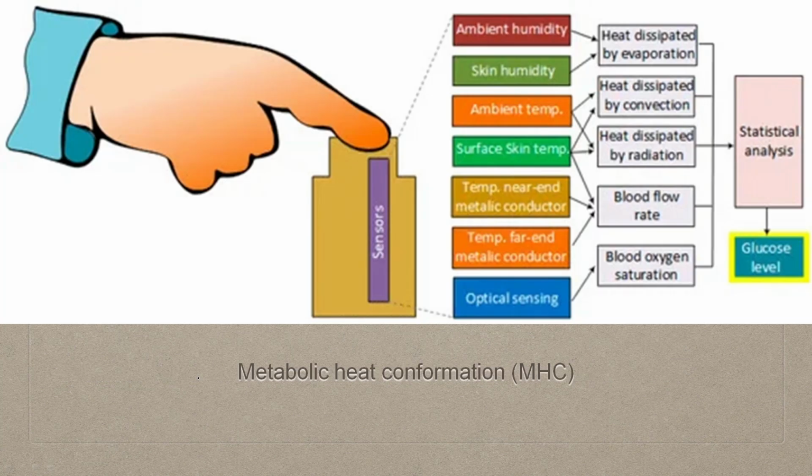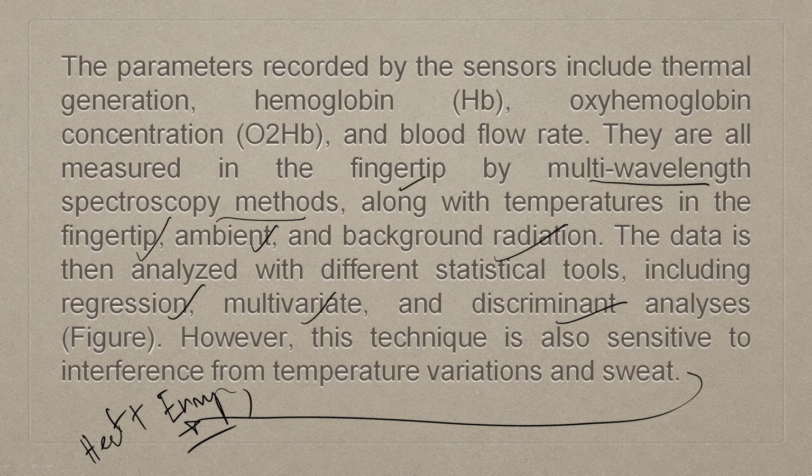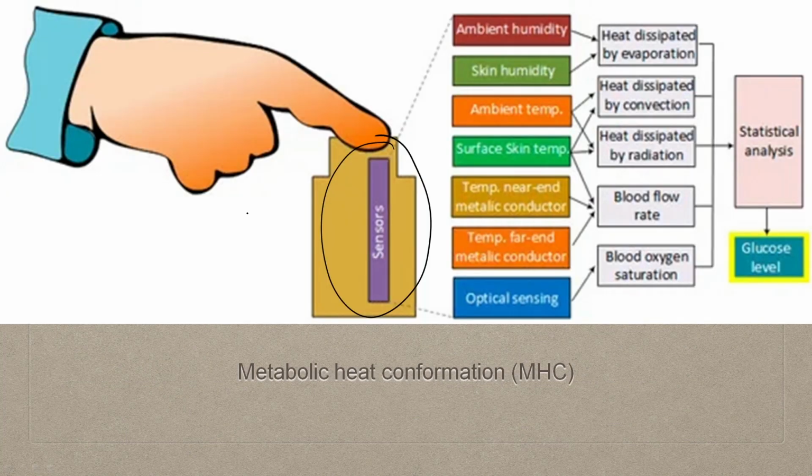Now, if you look at the figure, here you have the sensor, and this sensor is a multi-wavelength spectroscopic sensor. Now, you are recording the ambient humidity and skin humidity. So, it's the surrounding humidity and the skin humidity.